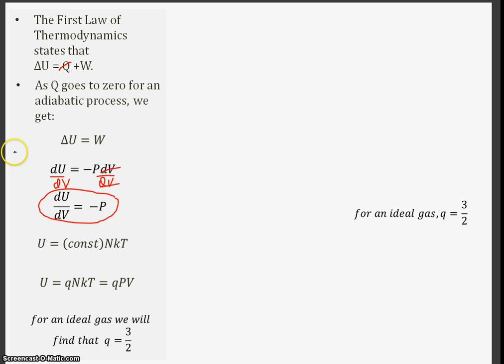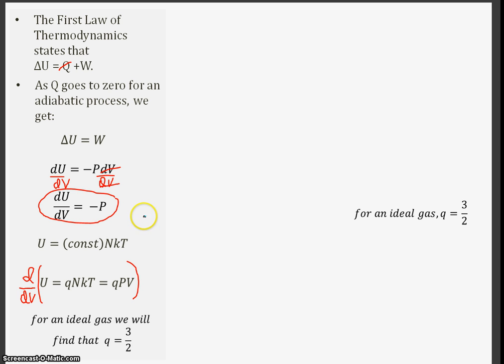Now let's say we want to take the differential of this, d/dV of this whole thing. We're not going to worry about the nkT part. We're just going to do the differential of Q times P times V. And since P and V are multiplying each other, we of course have to use the product rule.